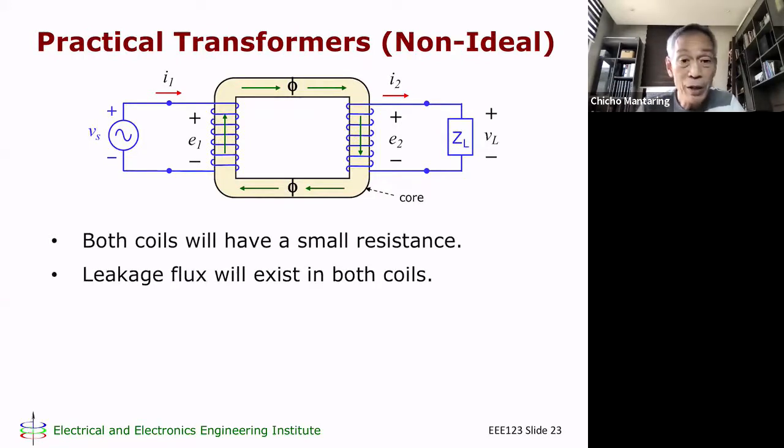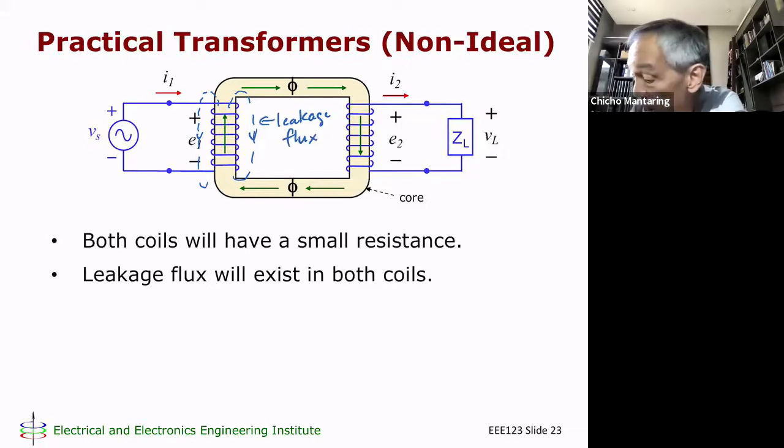And then we also know that a leakage flux will exist in both coils. In the ideal transformer, we assume whatever flux is generated at the source side will confine itself to the core, being very low reluctance. But actually, that's not the case. There's going to be some flux that will leak this way. So you call this leakage flux.